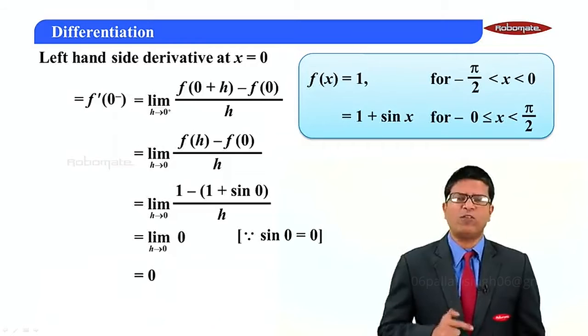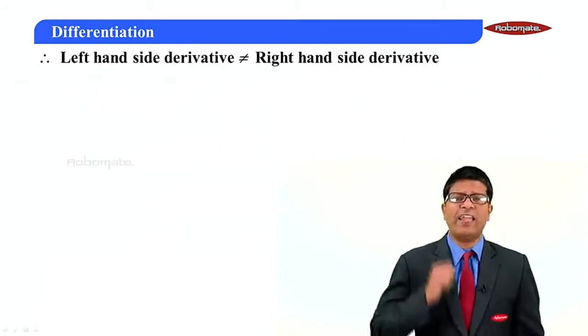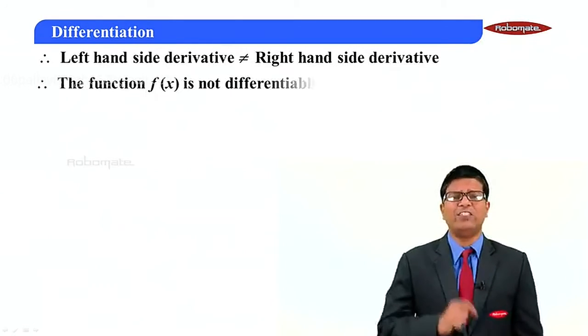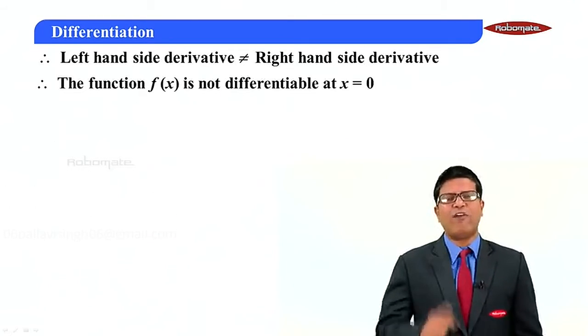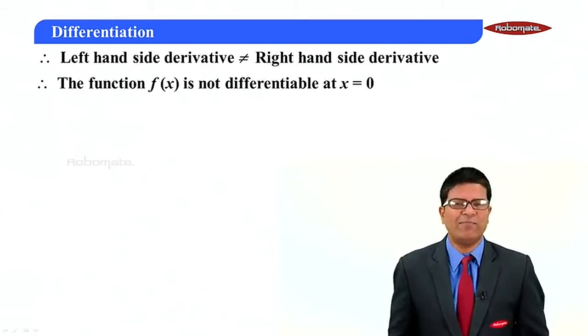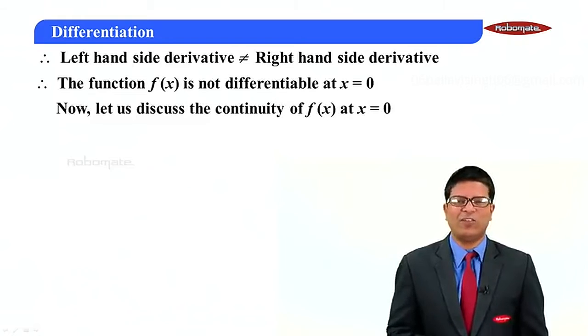So what we have proved? Left hand side derivative is not equal to right hand side derivative. Therefore, the function is not differentiable at x = 0.